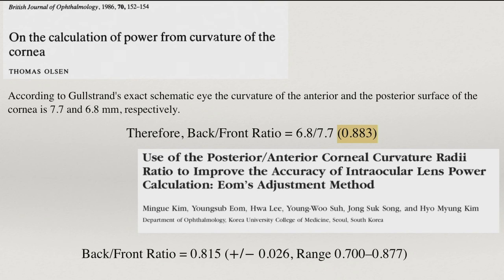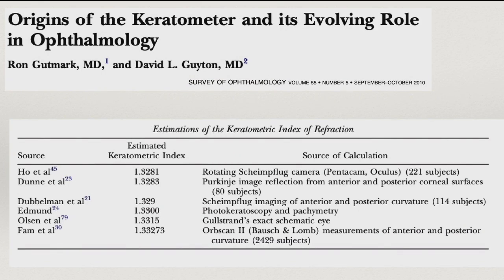But every single data so far was based on normal eyes. This ratio is used to estimate an artificial refractive index for the cornea that compensates for the posterior surface of the cornea.